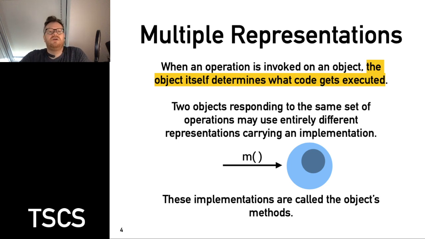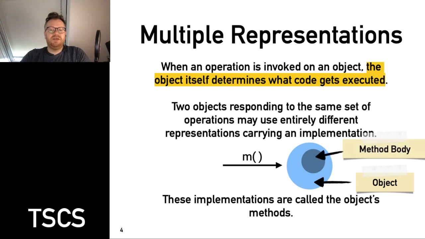So you have two objects that both respond to this method M. Of course, totally different implementations may happen. And we call these implementations the object's methods. So this whole thing is an object. There is the so-called method body inside of the object. It's not the entire object. It may have more methods and method bodies.